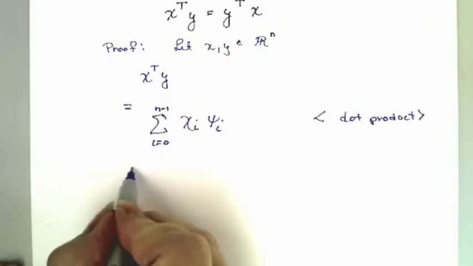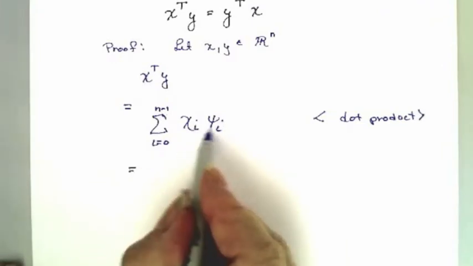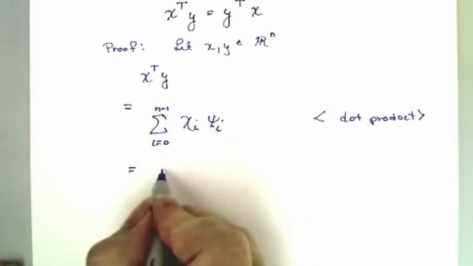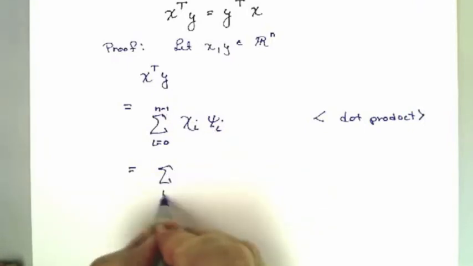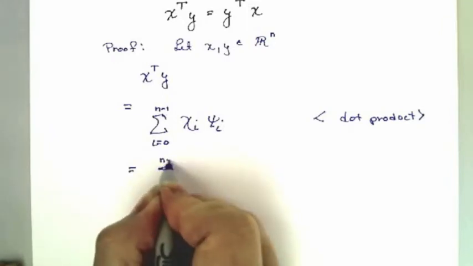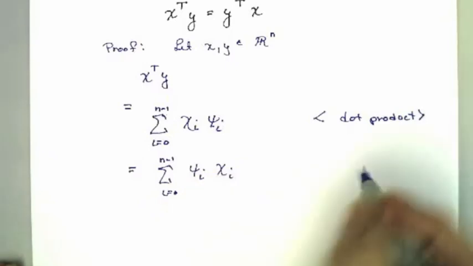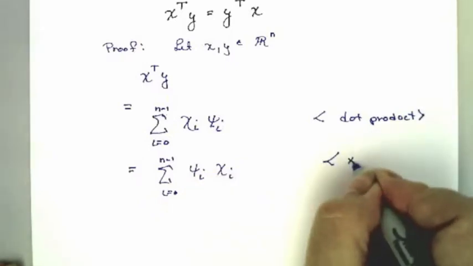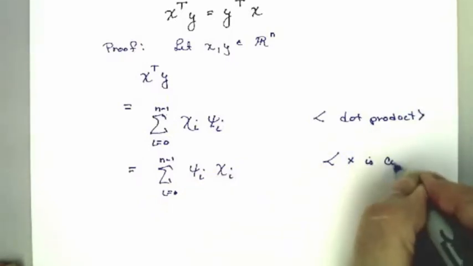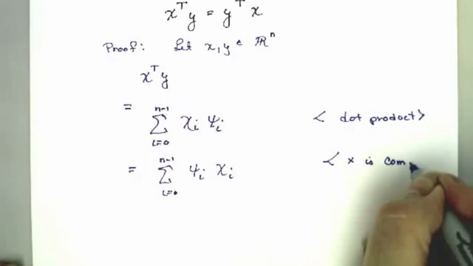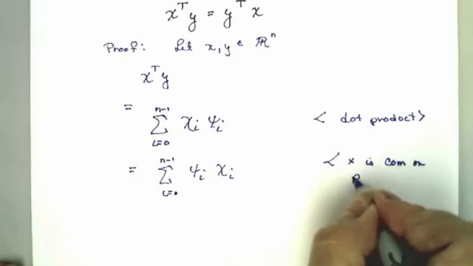But we know that multiplication is commutative, and these are just numbers, scalars. And so this is equivalent to the sum i from 0 to n minus 1 of psi i times chi i, because multiplication is commutative on reals.